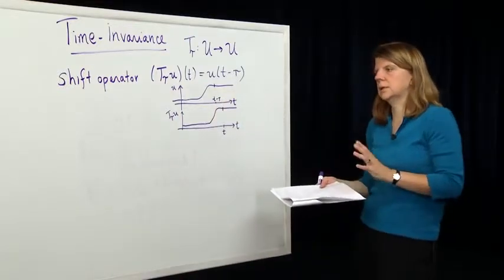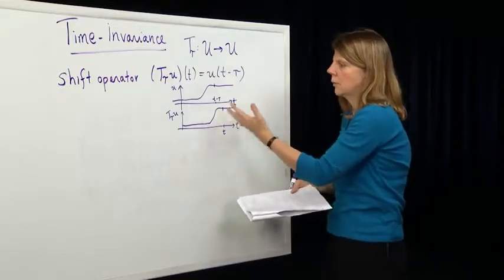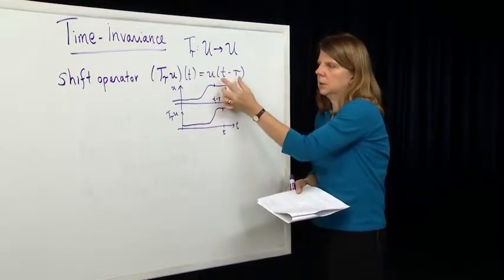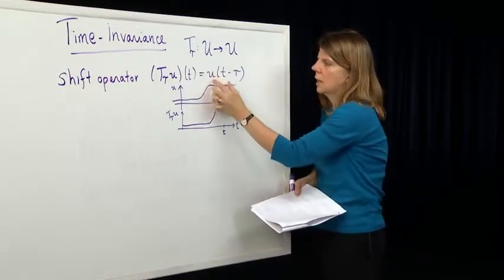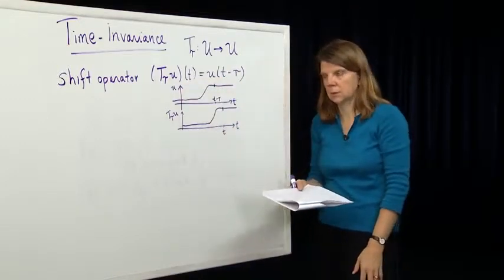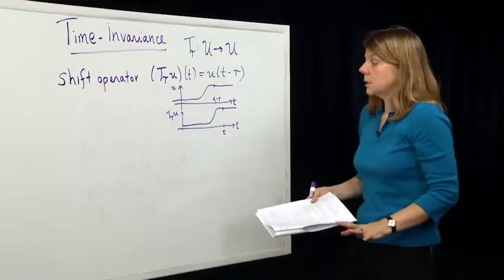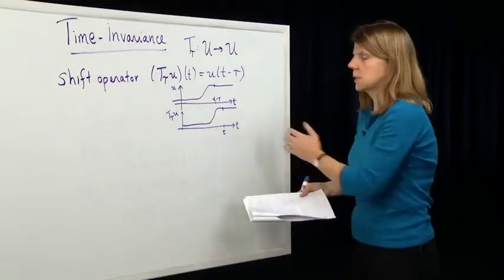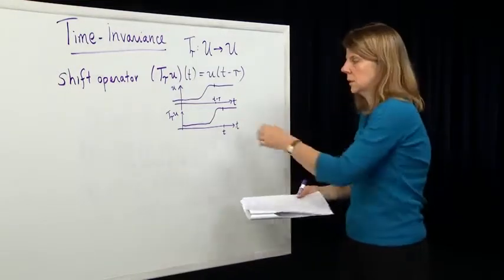And that's always a good way to test whether or not you've shifted the operator properly, because this can get confusing in terms of thinking about what u of t minus tau actually is in terms of the new signal. Okay, so that's how we define a shift operator. It shifts signals just by some constant tau.